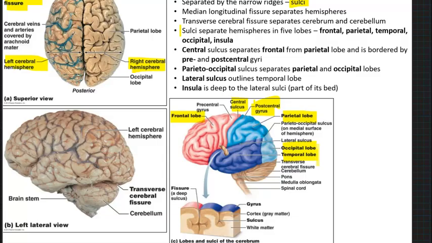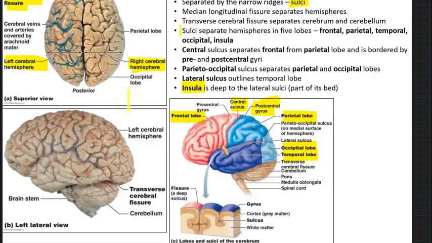These 4 lobes, and the 5th lobe is insula, and it is deep within the brain, so you really cannot see the insula lobe on that illustration, and I can guarantee you that insula lobe will not be part of your anatomy exam. Okay?